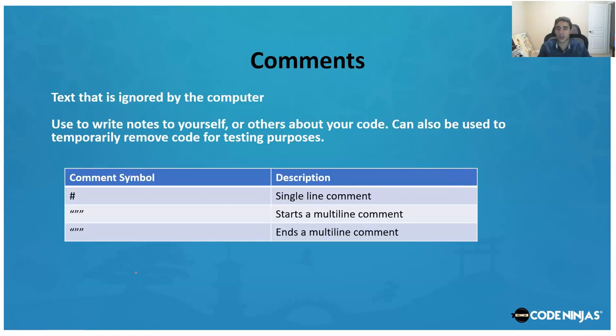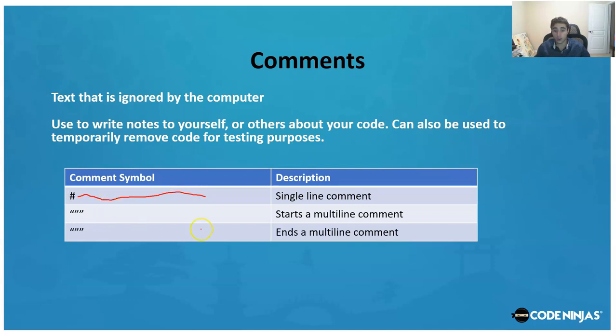Comments are text that is ignored by the computer. We use comments to write notes to ourselves or others about our code. Comments can also be used to temporarily remove code for testing purposes. The comment symbols in Python are the following: the number sign, or the pound key, for a single line comment, meaning that from where you put the pound key, everything else on that same line will be commented out.